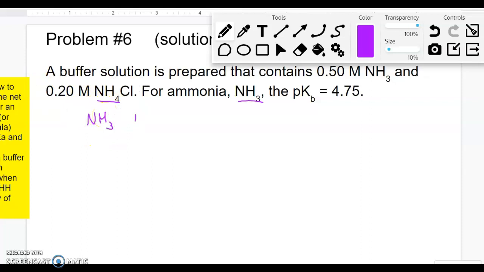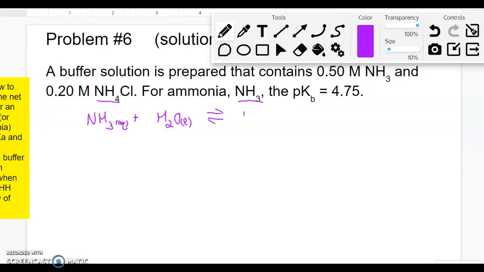What it does is it reacts with water. Our water is a liquid, and this is our aqueous thing. Because they say it's a pKb, we're going to use it as a base. That means it takes on an H plus.